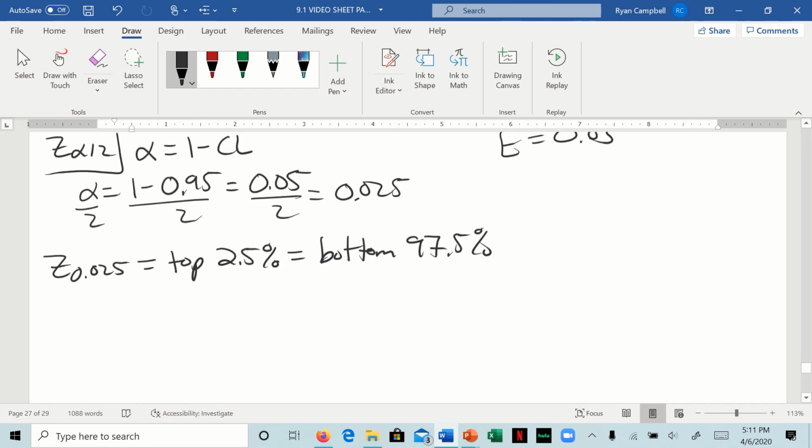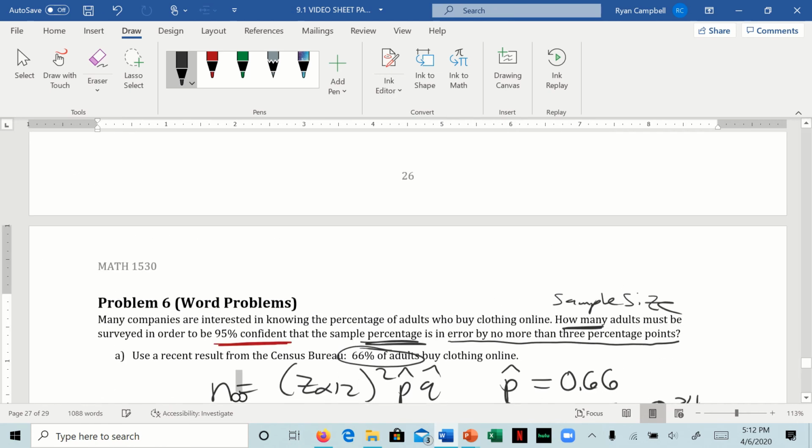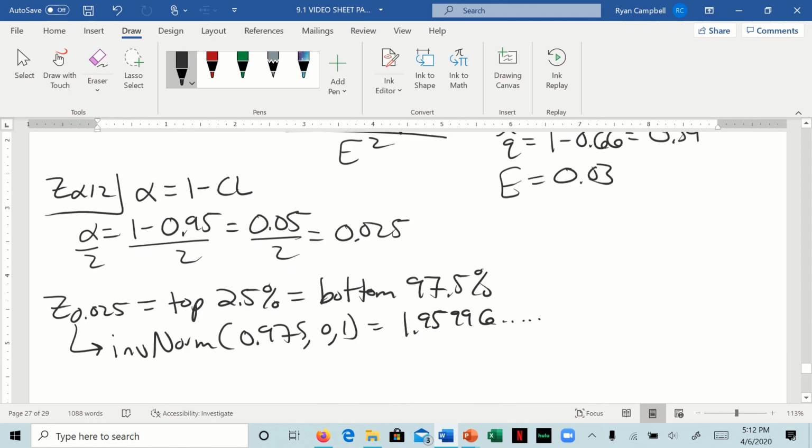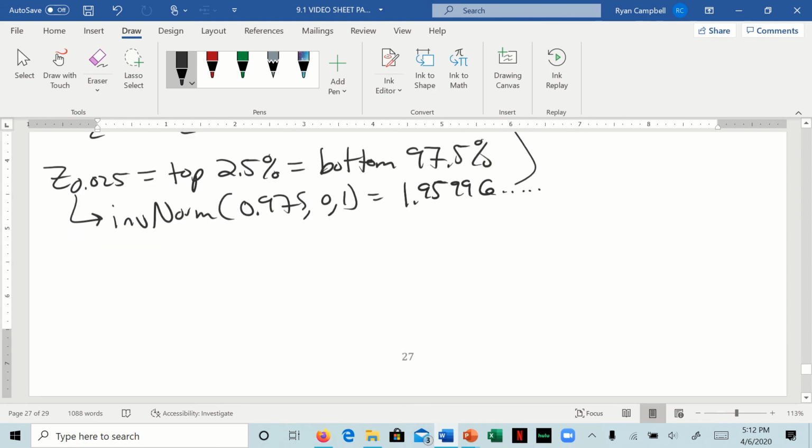So to find that critical value, we just do inverse norm, type 0.975, 0, 1, and we end up with 1.95996 and so on, right? Now, you need to make sure to use the entire number. If you don't, you will potentially get the wrong answer. So when we plug all of this back into our equation, hopefully this is the giant number that's in your calculator.